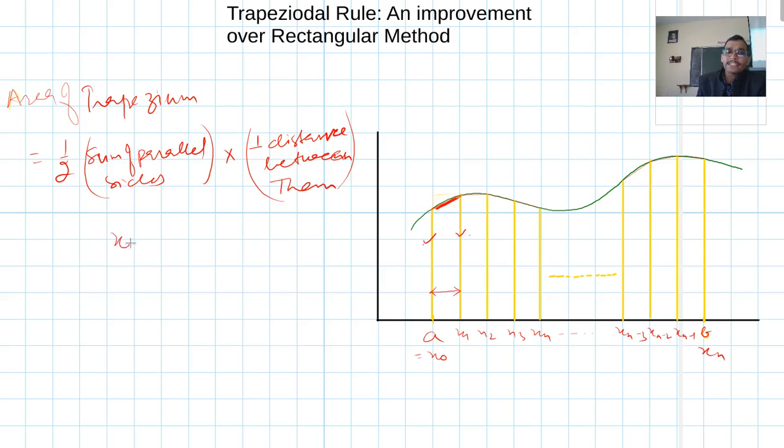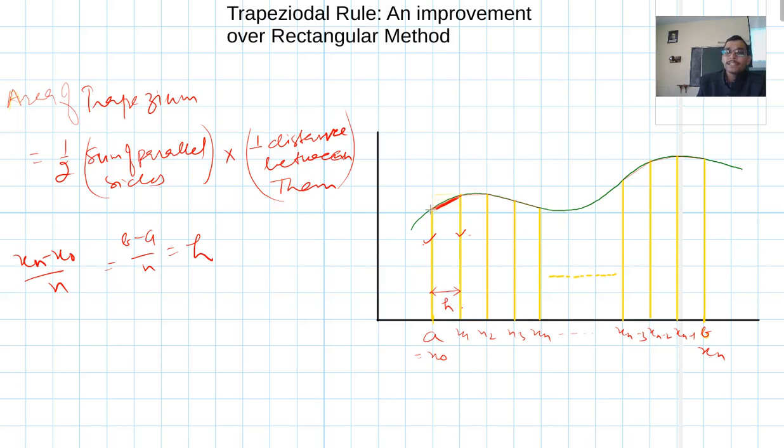What I did was take b minus a over n equal to h, equally spaced, which can also be written as xn minus x naught over n. So h is the perpendicular distance between these.